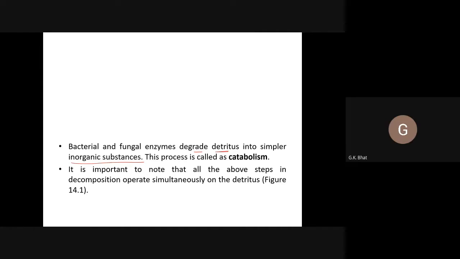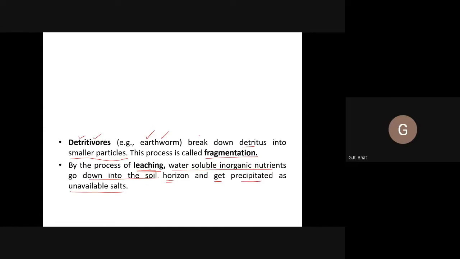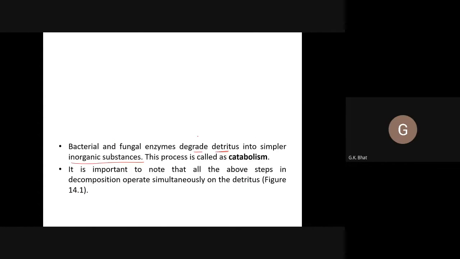When the earthworm breaks down the complex substances into small particles, that is fragmentation, then leaching, then enzyme action. All this takes place, and this process is called catabolism.